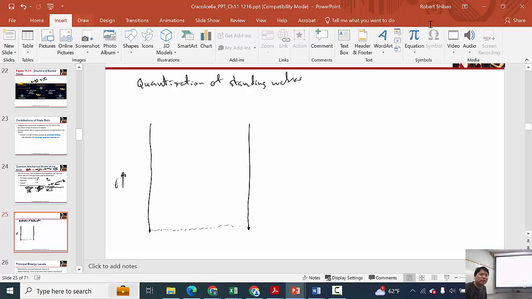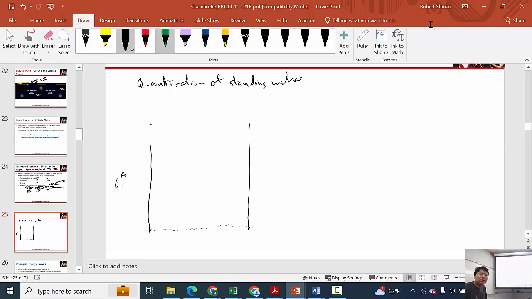Did you know that? If you pluck the string, we're constrained because the string has wave properties and it's got to be attached at one end and attached at the other end. So when the string vibrates, we'll have a fundamental frequency like this. This would be called the ground state. And so the string can vibrate like this.